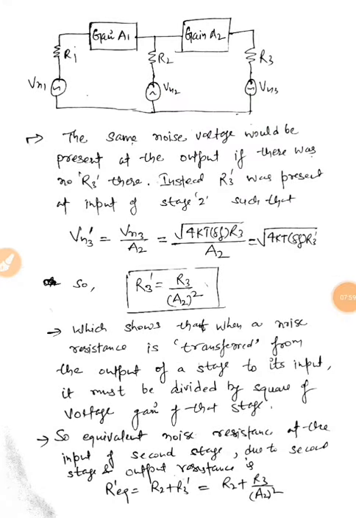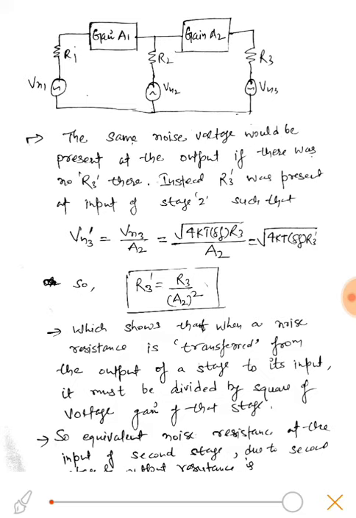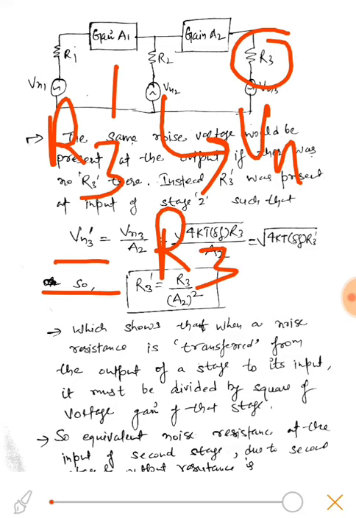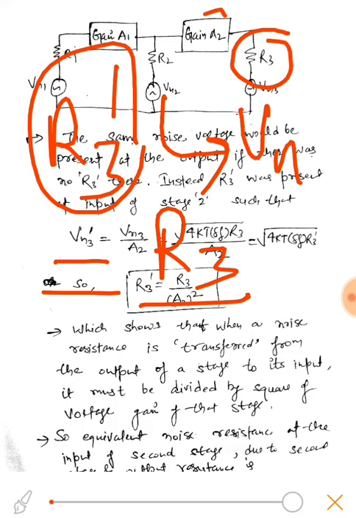So if we are given some output resistance, let's say R3, which is generating a noise voltage Vn, and now we want to calculate the counterpart of this R3 output resistance at the input, which would create the same noise voltage, then, if the input counterpart is R3 dash, it can be found out by just dividing by the square of the gain, that is R3 upon A2 square.